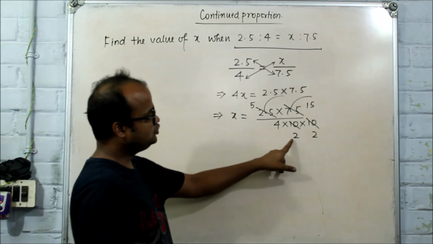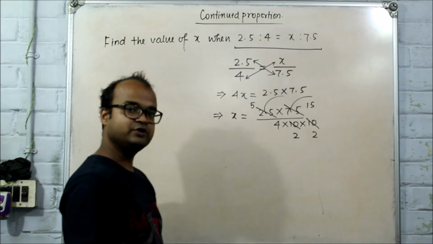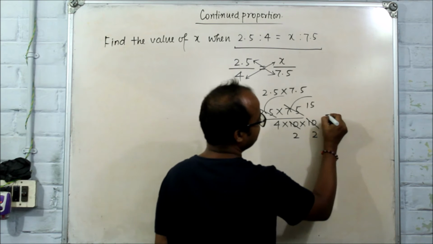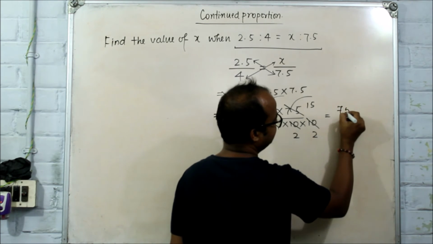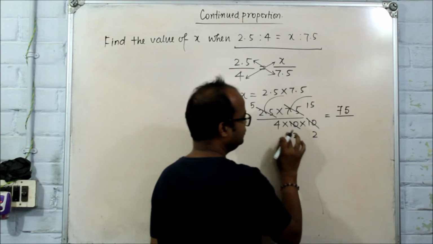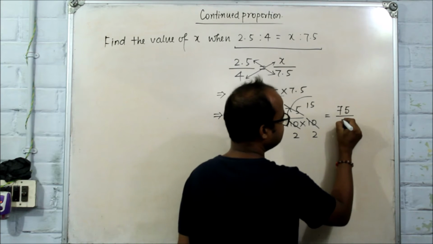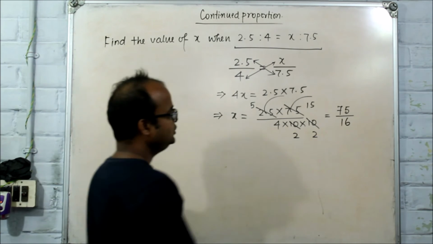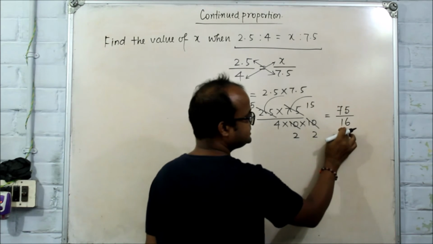Now 4, 2 or 2, and the numerator contains 5 and 15, so you cannot further simplify. So it will be equal to 5 into 15, that is 75 by 2, 4 to the 8, 8 to the 16. So x is equal to 75 by 16.